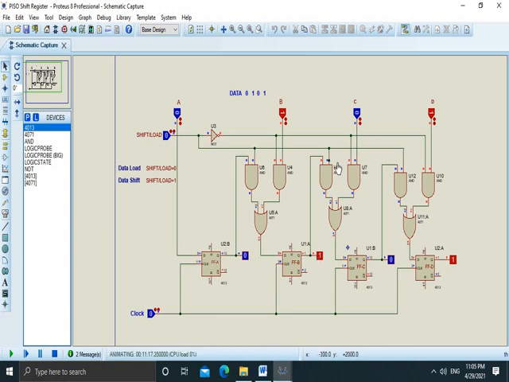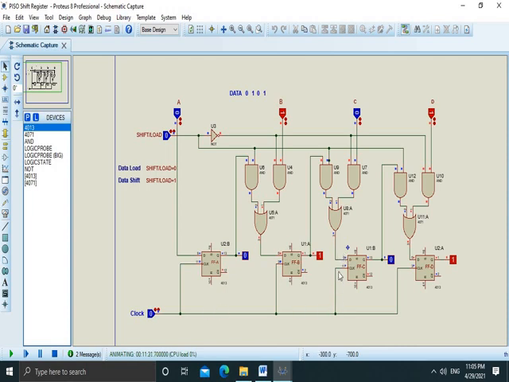Now here this is disabled because one input is 0, then 0 and this is 1. 0 means its output is 1. Okay, here 1 and here 0, so 0 plus 0 is 0 is received at the input of the third D flip-flop.